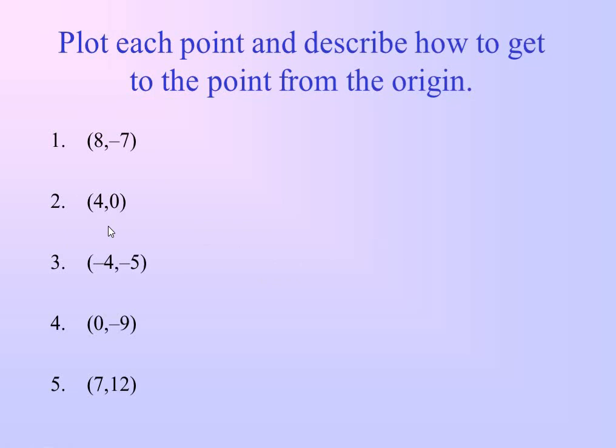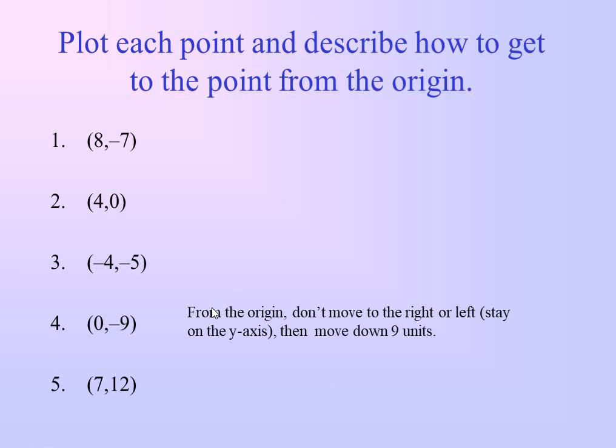And about 0 and -9, you will notice that I will not move from the origin to the left or to the right. Why? Because the x coordinate is 0. But I will move down.